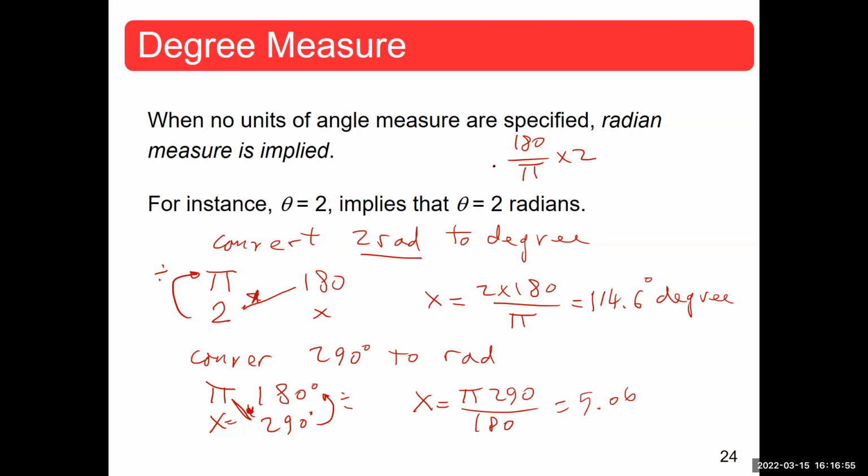Always, when I convert from degree to radian, I multiply by pi over 180. That's converting factor. But I don't need to remember which one on the top, which one on the bottom with this method.